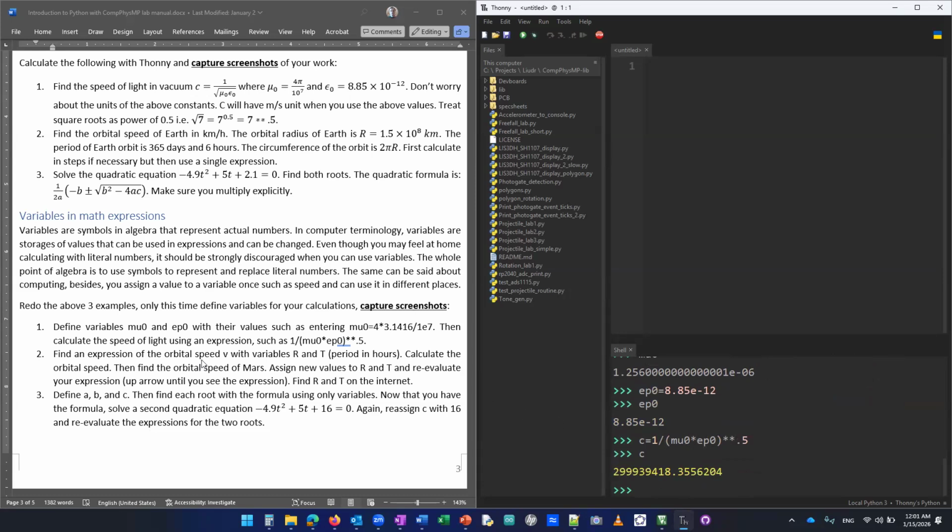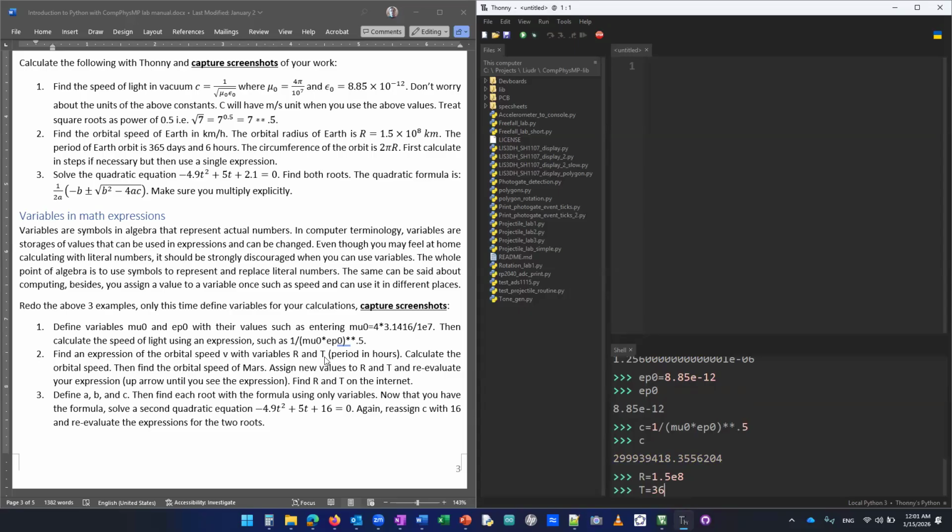Okay, so now let's look at the second question again. So the orbital speed as a function of r and t. We'll define r as the radius, which is 1.5e8 kilometers. So there we go. And t, let's define this in terms of hours.